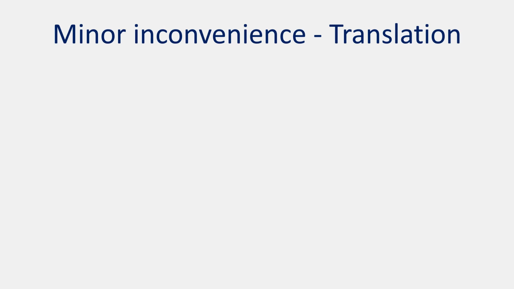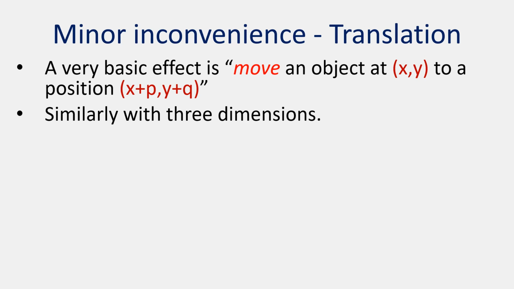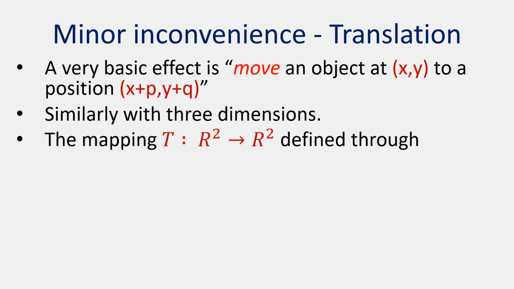Now, there is one slight inconvenience with linear transformations and a particular effect that we want to realize very often. This effect is called translation. A very basic operation is we have some object at coordinates x, y, say, and we want to move that object to a new position. Similarly, we might want to carry out that effect in 3 dimensions.